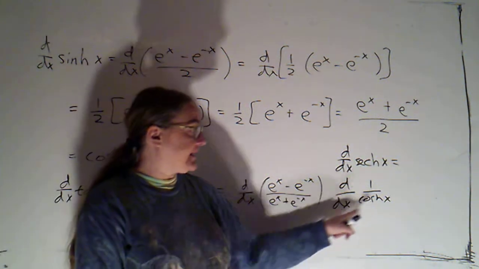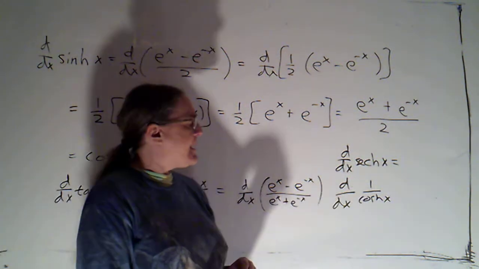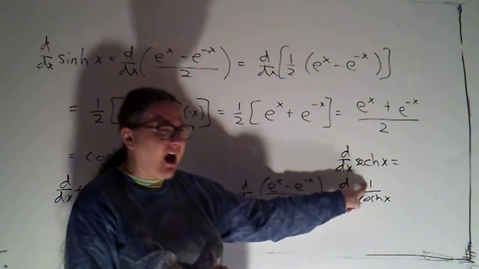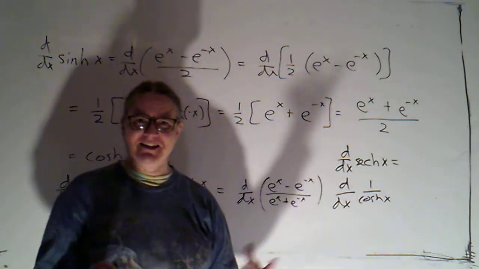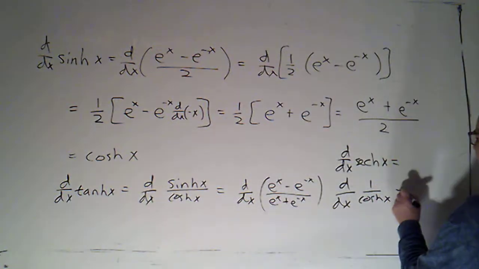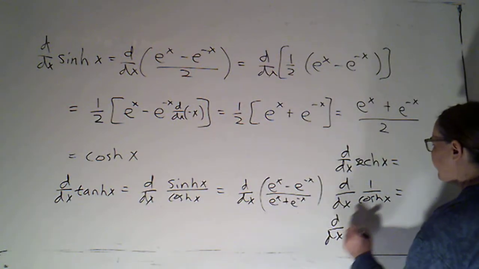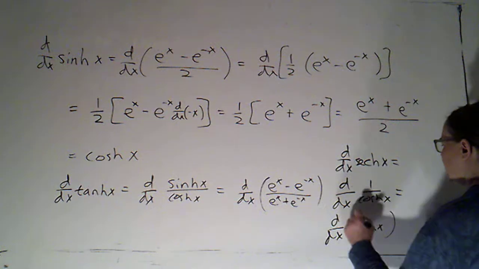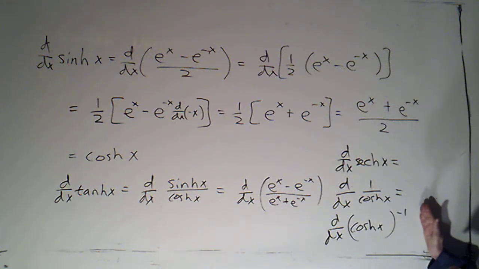Here, it would be perfectly acceptable to use quotient rule, but I probably wouldn't because the top now is a constant. I could rewrite this instead as the derivative of cosh x to the -1 power.